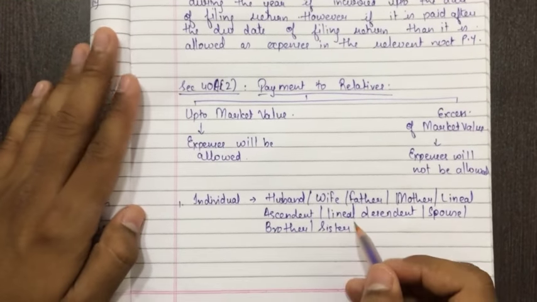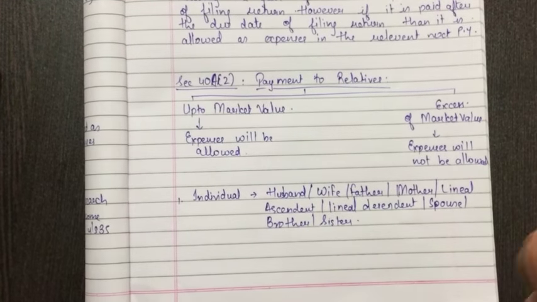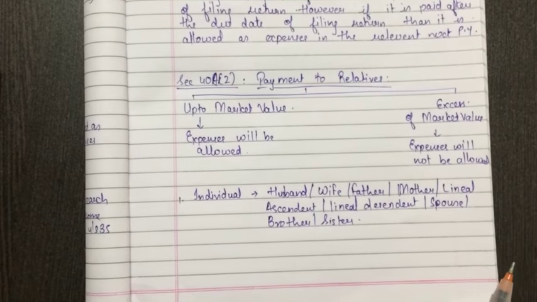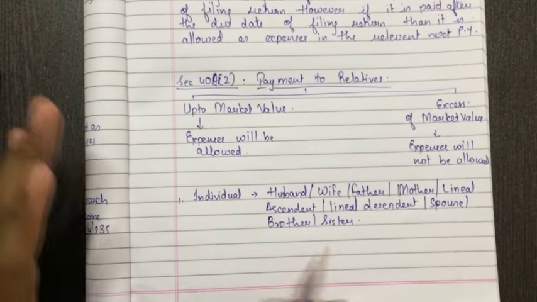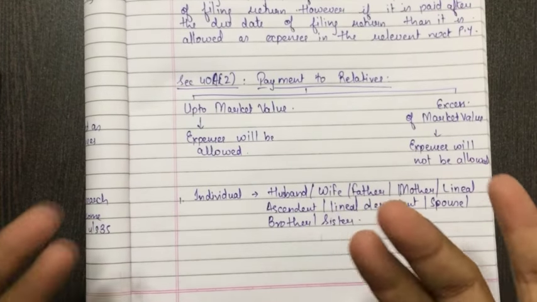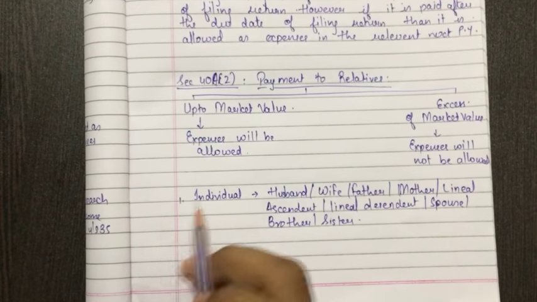If the individual pays any of these relatives in excess of market value, then such expenses will not be allowed as a deduction for salary. Payment might go as a salary or as a commission, and then such expenses will not be allowed.